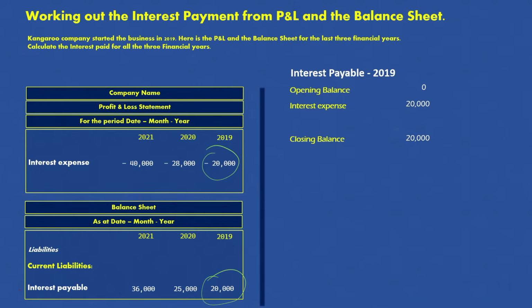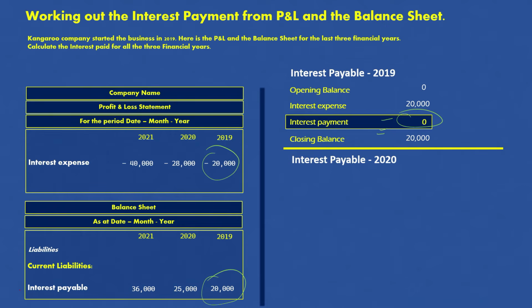It means that there was no payment at all, and if there was any payment here, that should have been deducted here, right? So I hope you are getting my point. So opening balance plus interest expense, and if we had made any payment, that must be deducted from here. So this is what I am going to do next. I would say the interest payment in this case must be 0, and that is exactly why the closing balance is again $20,000. So if you are not clear, don't worry, we still have 2 more times to do that.